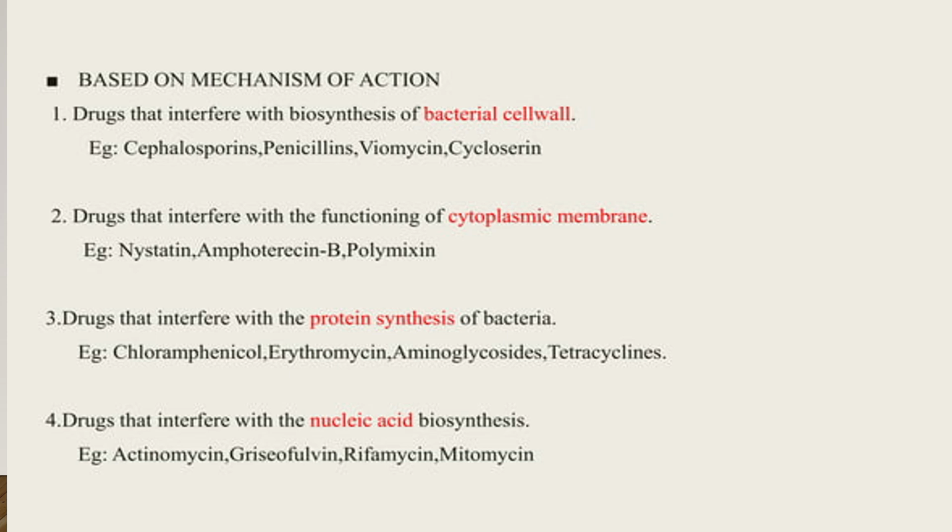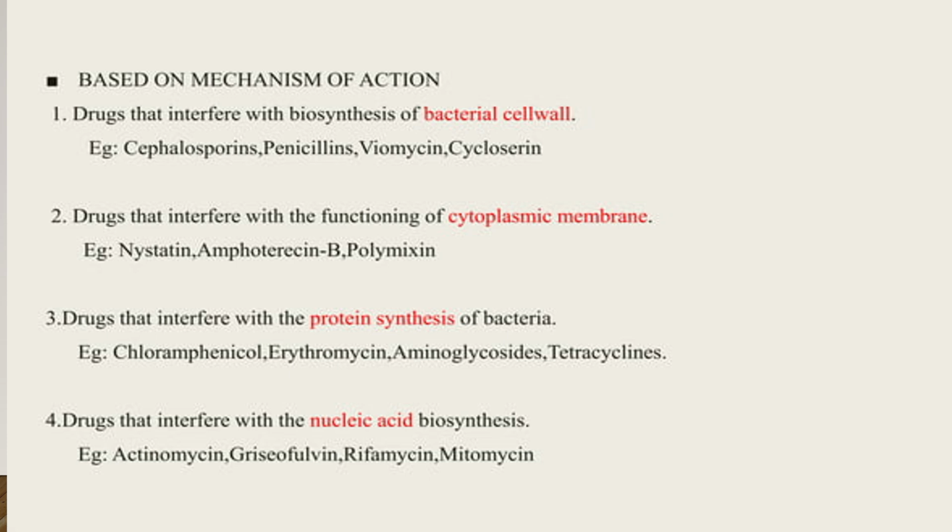A series of antibiotics show inhibition and bacteriostatic action through different mechanisms of action. Through which mechanism they inhibit or kill the bacteria, they are basically categorized under 4 categories. Category number 1 is drugs which interfere with bacterial cell wall synthesis.